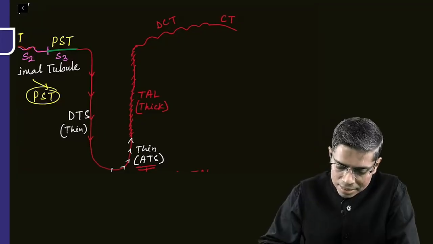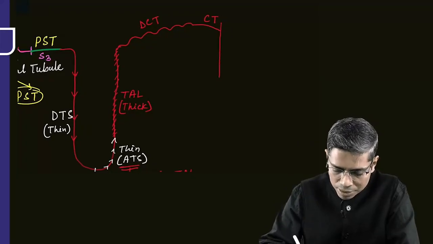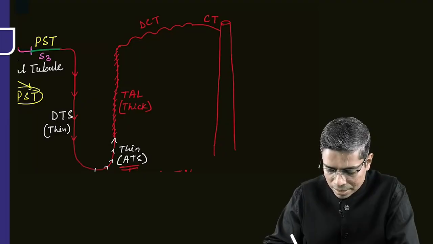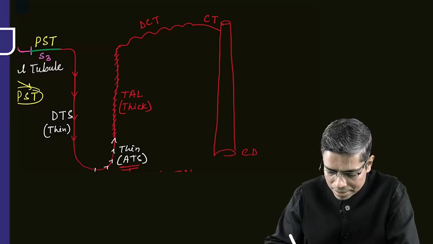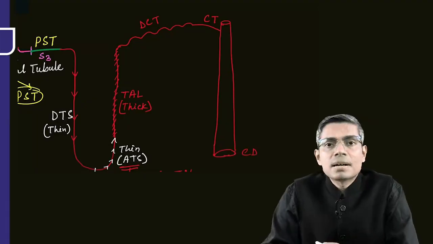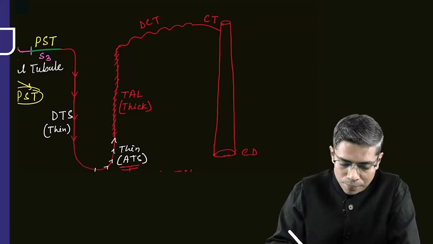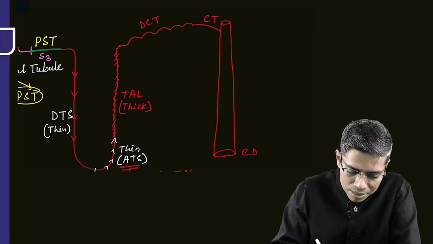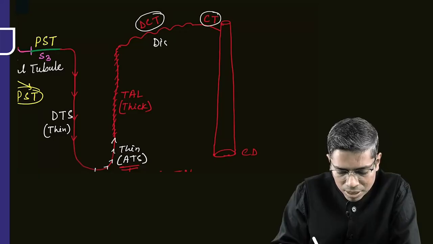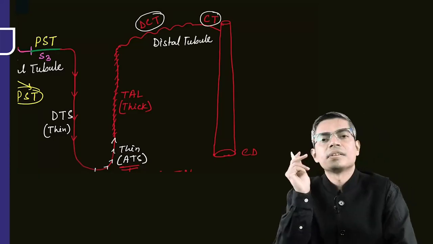It is connecting the nephron along with the collecting duct. So this is the collecting duct, right? So this is known as connecting tubules. So the combination of these DCT and connecting tubules is nothing but the distal tubules of the nephron, right?